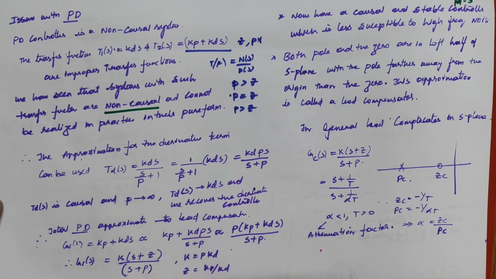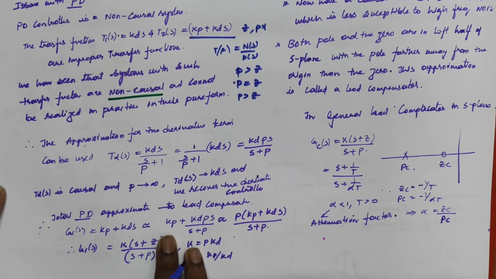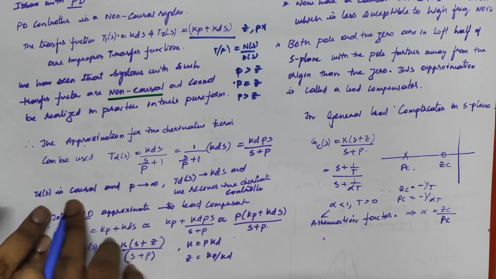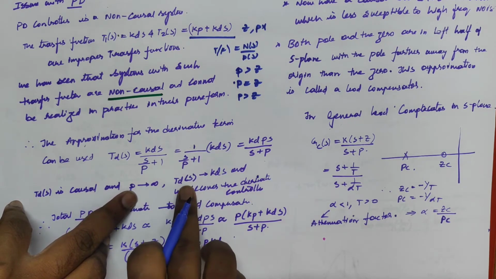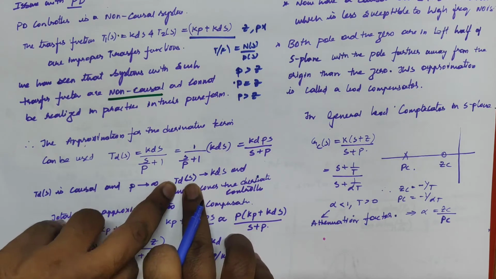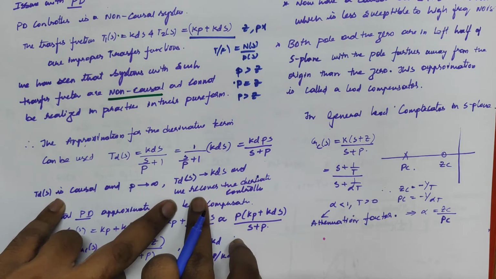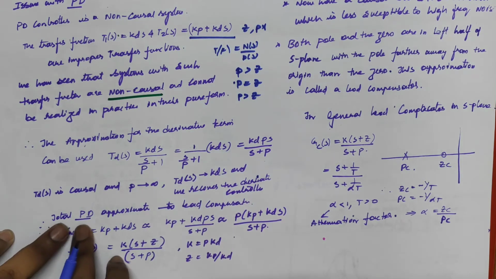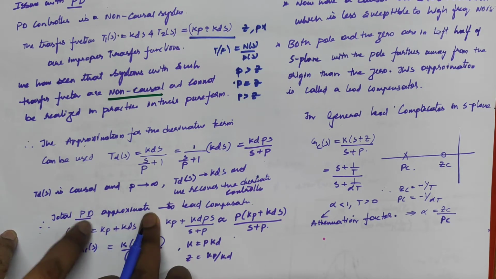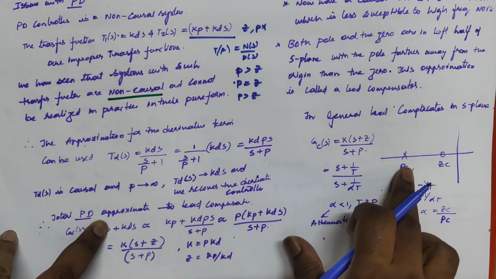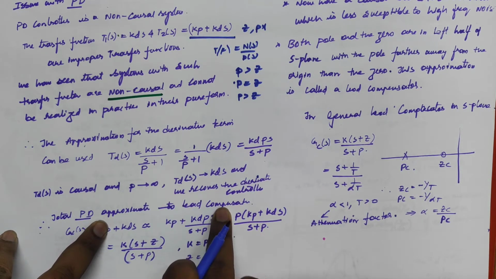In the math calculation for this system, T D s is causal, and with p tending to infinity, T D s tends to K D s, and we recover the controller. The approximation of the PD controller by incorporating a pole at infinity will lead to the lead compensator.